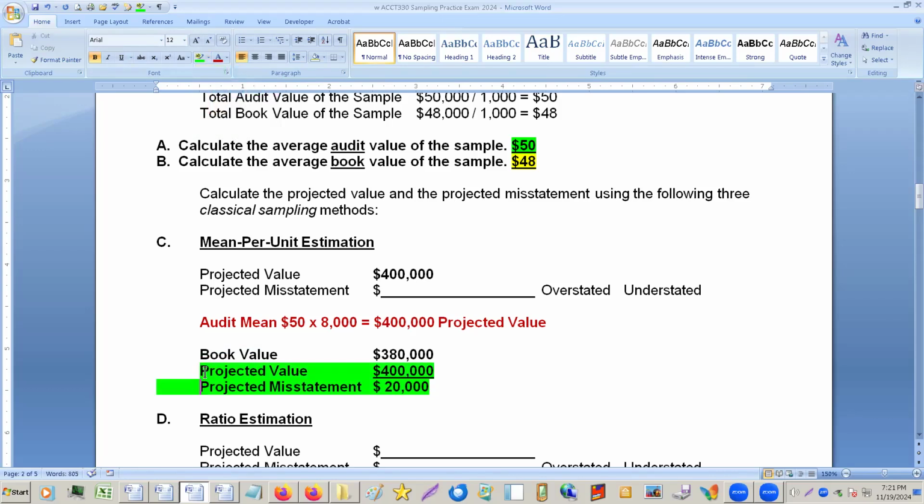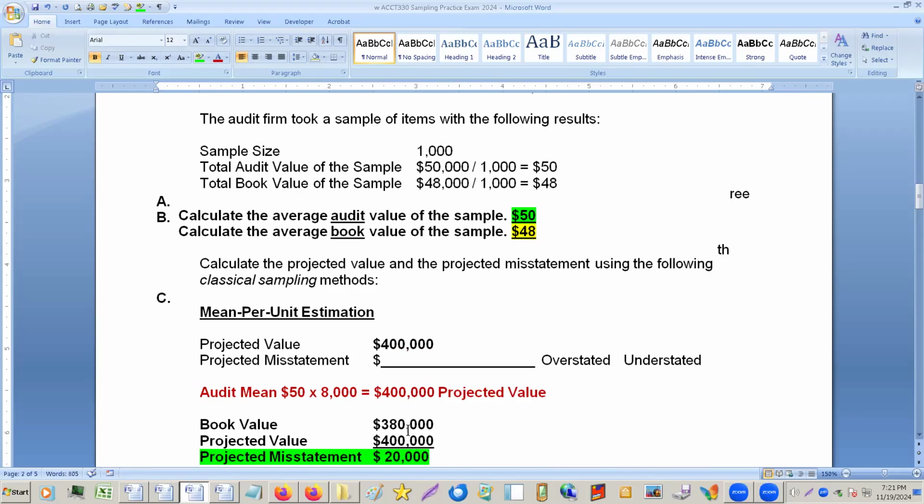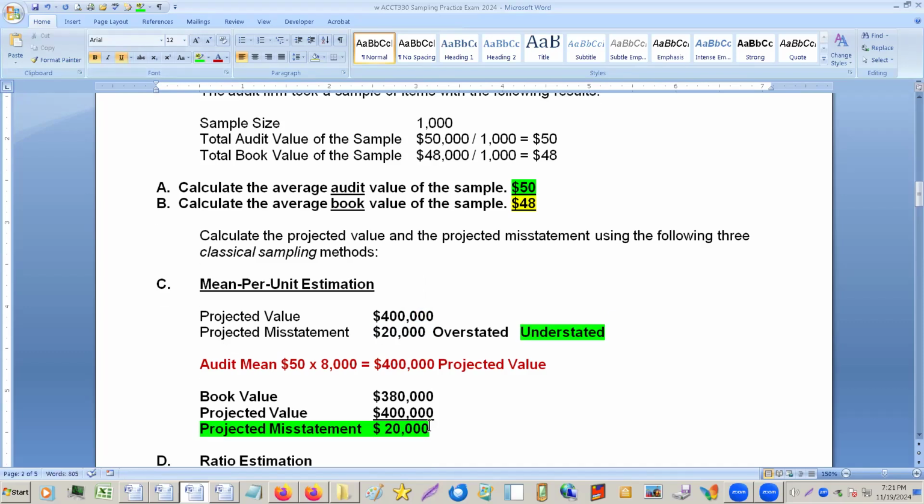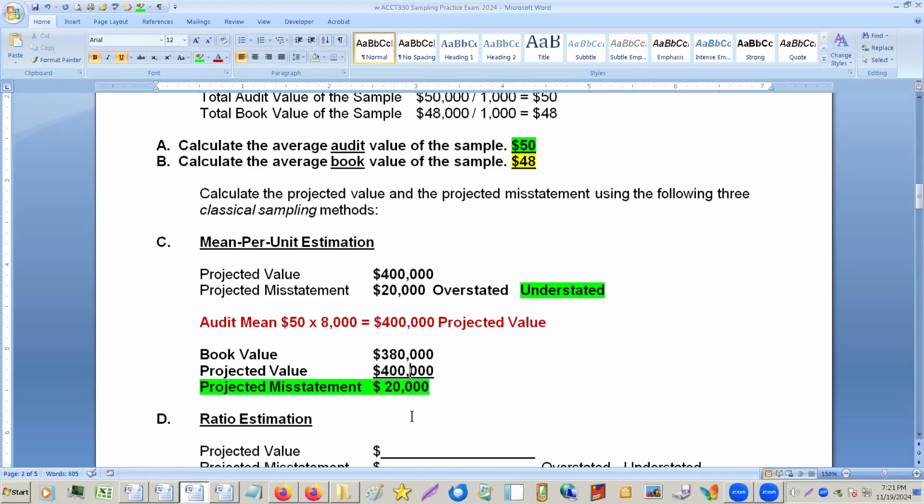Oh, okay, so projected misstatement is 20,000. Now, is this an understatement or an overstatement? Are we saying that their books are too high or too low? It's an understatement. Yep, good. We're saying it's 400,000, they're saying it's only 380, so the projected misstatement would be an understatement. Okay.